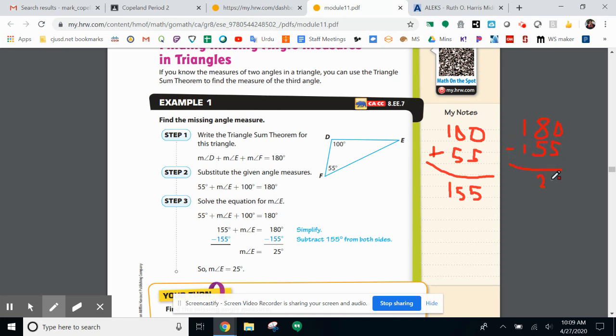And that makes 25. So you could do it either of those two different ways. One way has you do a step of addition, then a step of subtraction. The other one has one subtraction step and then a second subtraction step. So it's two steps either way, but you can determine yourself if you'd rather do the addition and subtraction or just two subtractions.